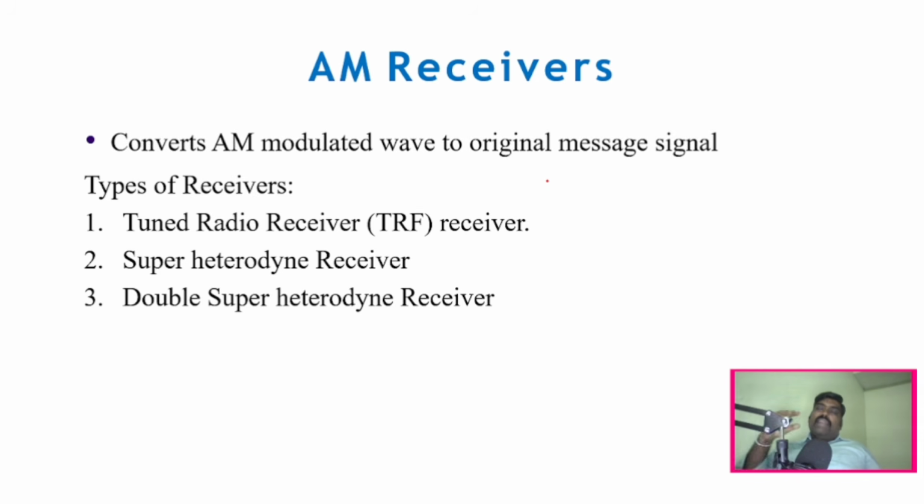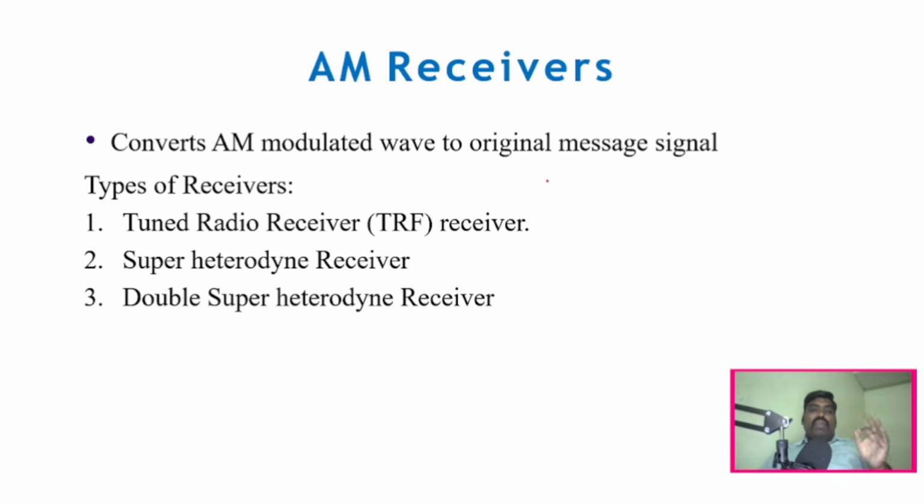So while processing the signal at the receiver side, most receivers, except the tuned radio frequency receiver, will convert the original signal into an intermediate signal at a lower frequency, and then detect the original signal from that signal.